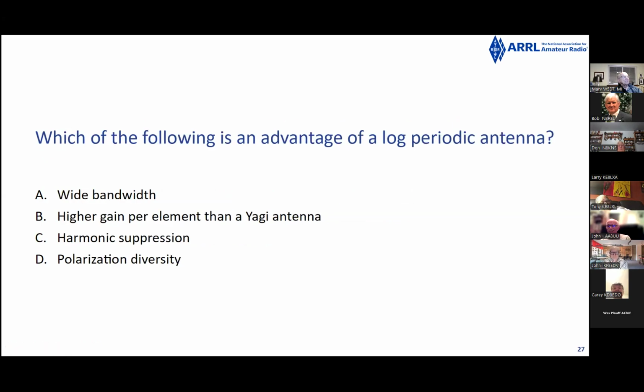Which of the following is the advantage of a long periodic antenna? Wide bandwidth, higher gain per element than a Yagi antenna, harmonic suppression, polarization diversity.